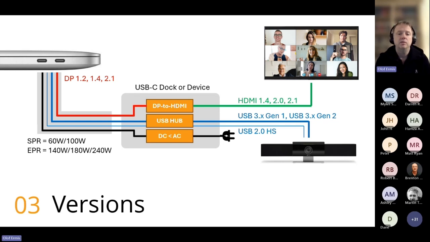So when you do wiring, if you have a device that can only do USB 2, you have to have USB 2 all the way to the device. If you have a device that can only do USB 3, which is very uncommon, you have to have USB 3 all the way. But it's important when you do cabling to ensure that you have the full capability all the way through the system.